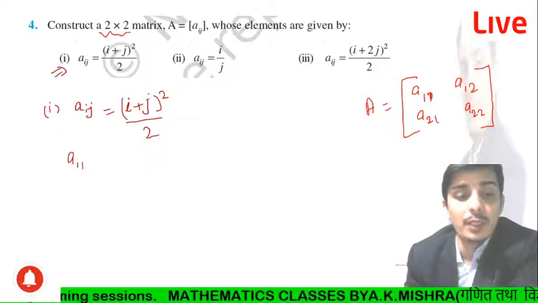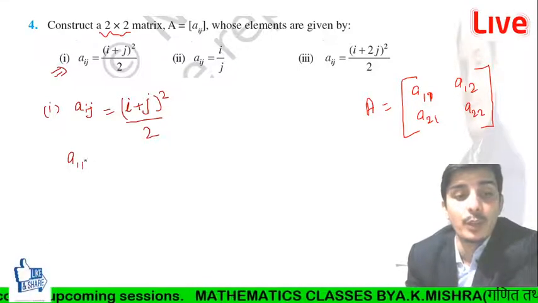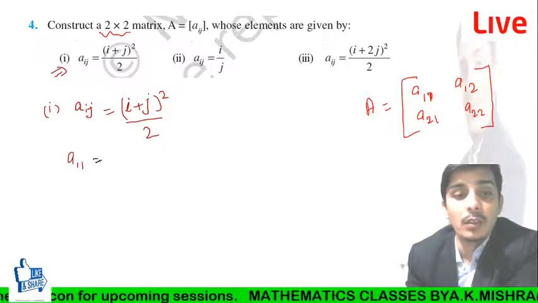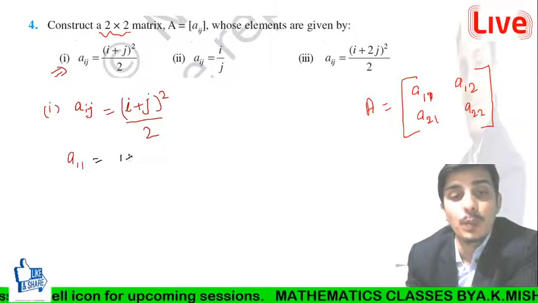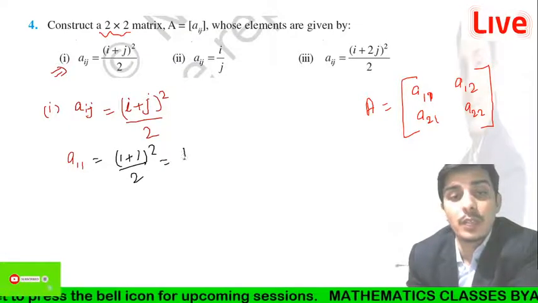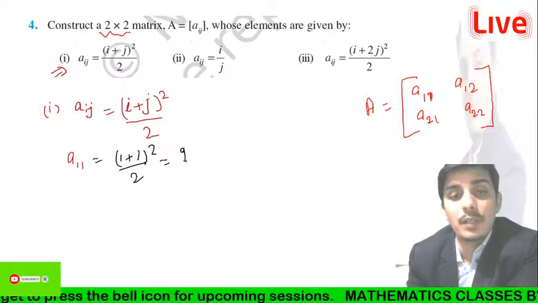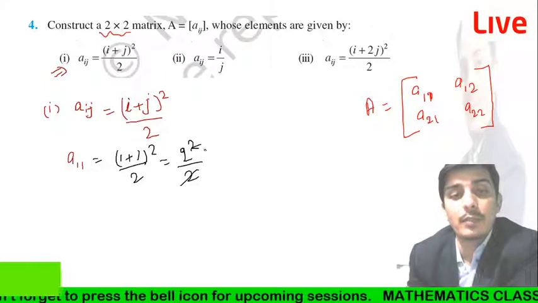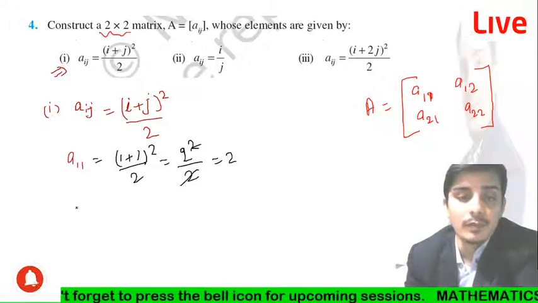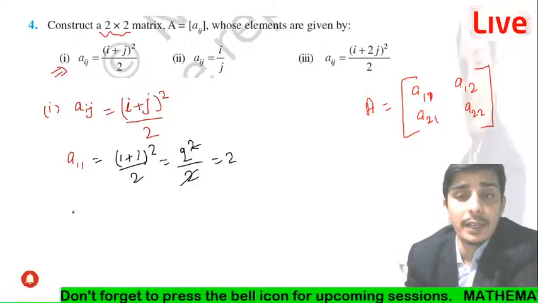For A11 we put 1 instead of i, and 1 instead of j. So (1 plus 1) whole square by 2, that is 2 square by 2, and after dividing we will get the value 2, right?